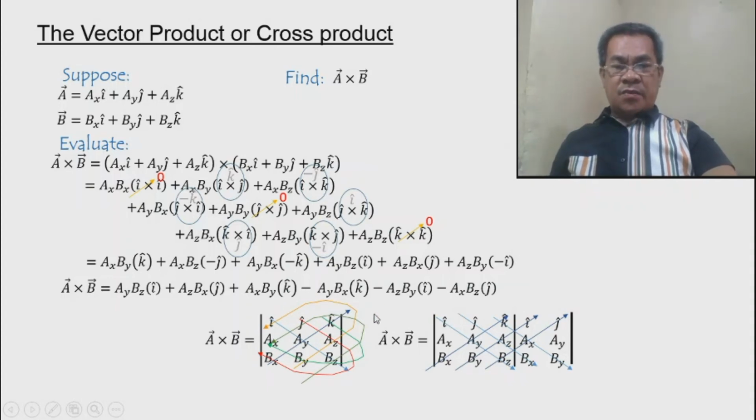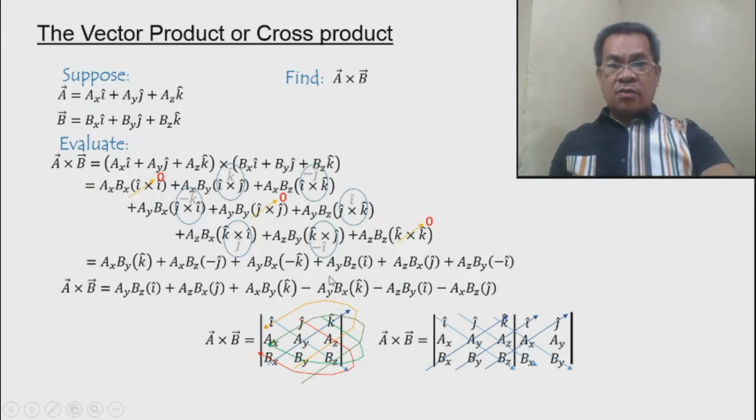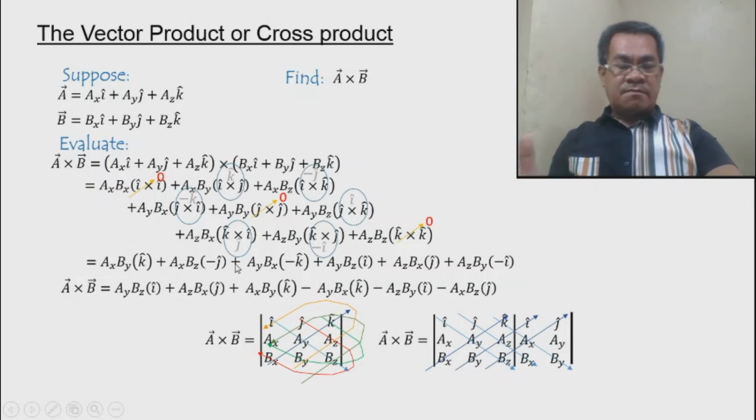There are many methods to evaluate these determinants. We can combine like terms. This is I and this is I, so you can combine these, then take out the common factor, which is I hat. The like terms are terms that have the same unit vector. So this one and this one are like terms, so we can combine these two.